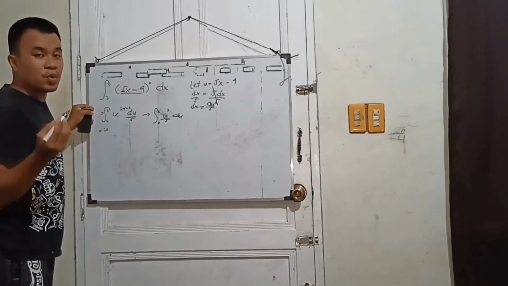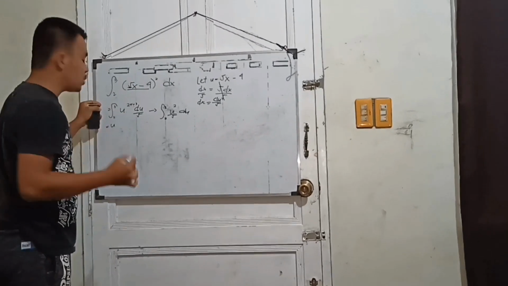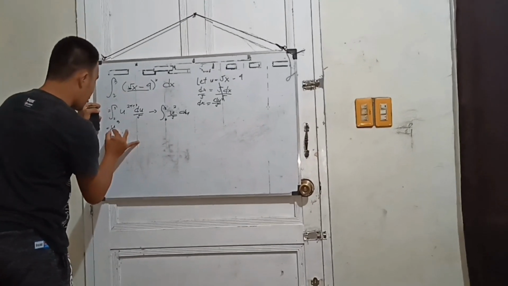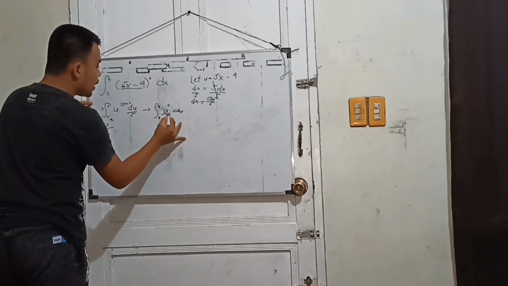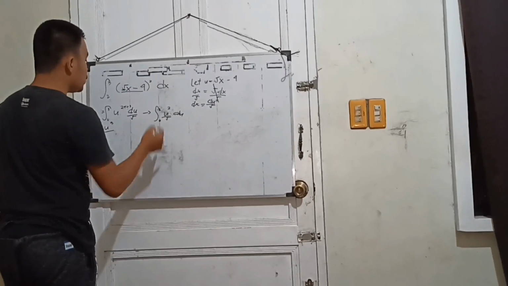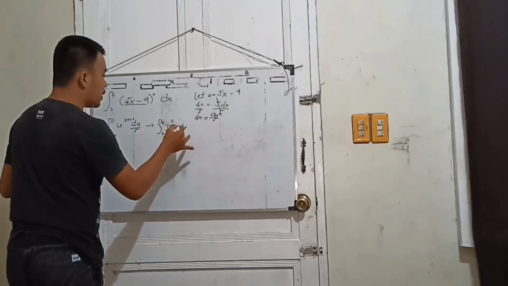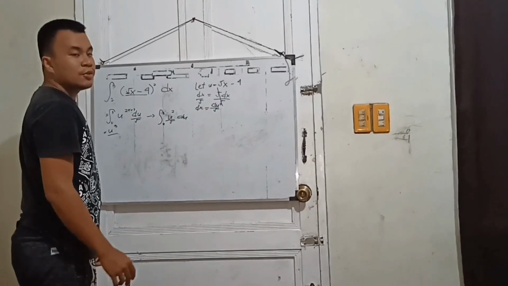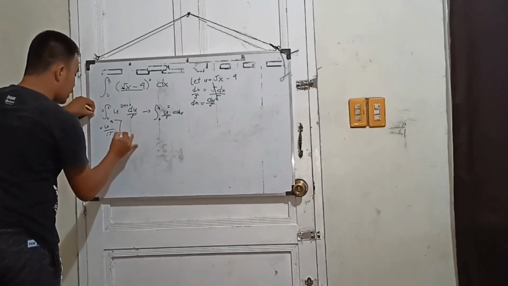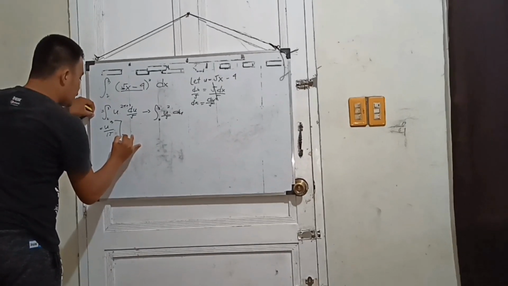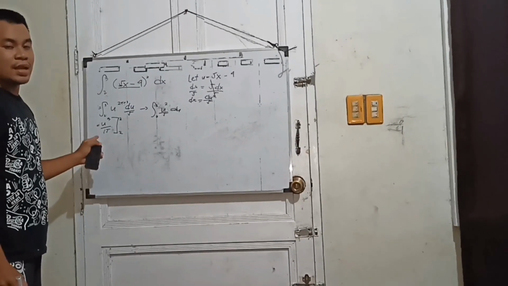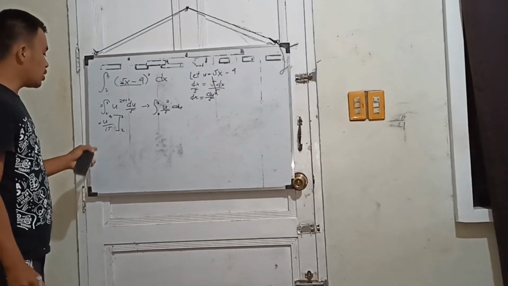So our new integrated exponent is cube, over, since we have 5 here and our new integrated exponent is 3, we will multiply 5 by 3. So that will be 15. Over 15, put a bracket from the limit 2 to 3. Now this is our integrated expression.